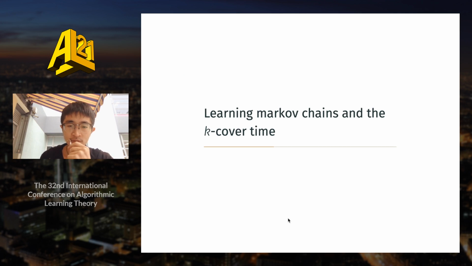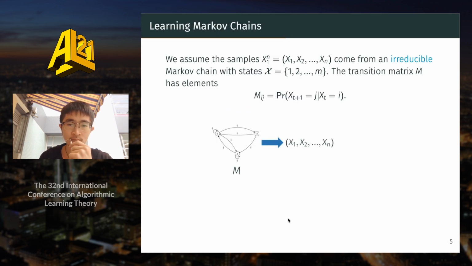Now we would like to introduce the notion of k-cover time using an example of learning Markov chains. We assume we have samples x1 up to xn from an irreducible Markov chain. By irreducible, we mean that the transition diagram of the Markov chain is strongly connected, and we assume this Markov chain has m states. The transition matrix is represented by the entries Mij, which is the probability of transitioning from state i to state j.